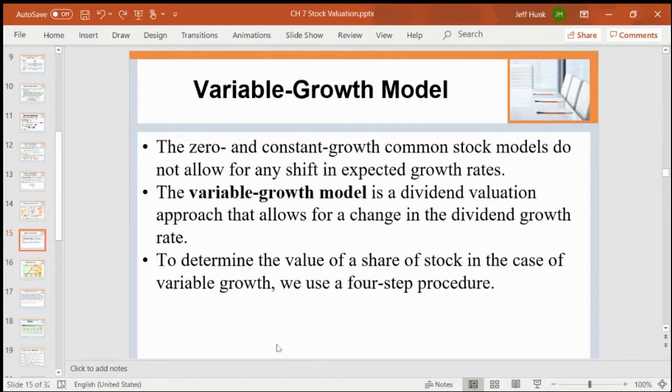Actually, if you think about it, the assumption of constant dividend growth is a very restrictive, rather artificial assumption. As you may understand from our previous discussions, the actual growth rates are uneven.